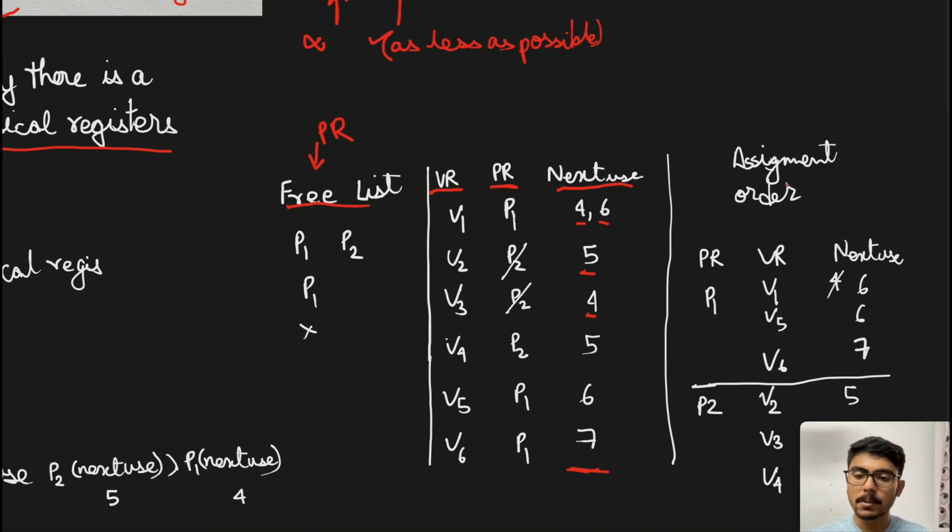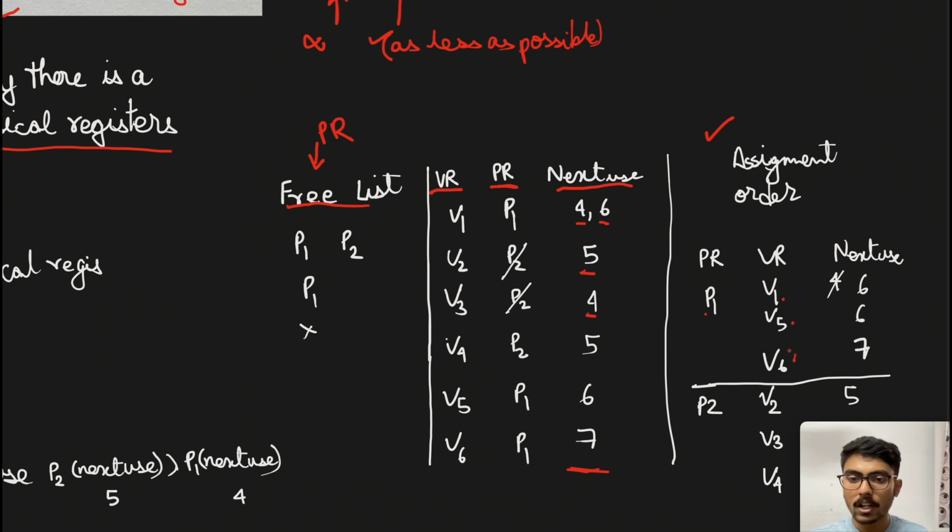This is the third table which we need to create before actually beginning to assign physical registers to virtual registers. This is the assignment order. The assignment order keeps track of when which physical register was assigned to which virtual register. Like in our case, first P1 will be assigned V1, then it will be assigned V5, then it will be assigned V6.